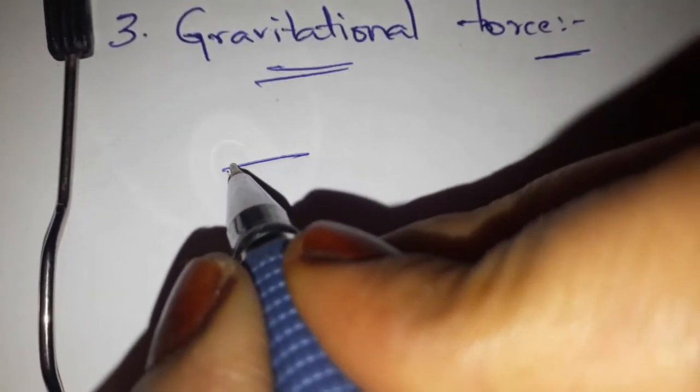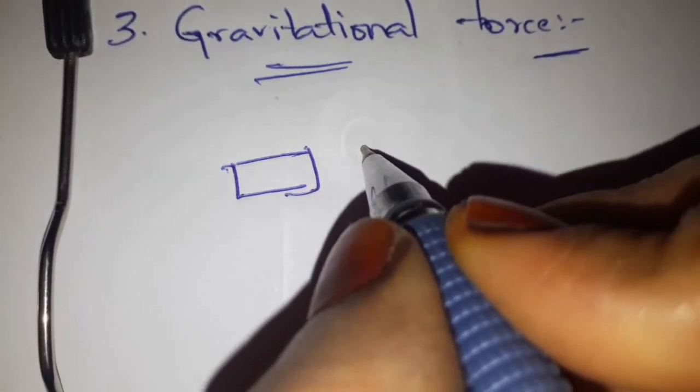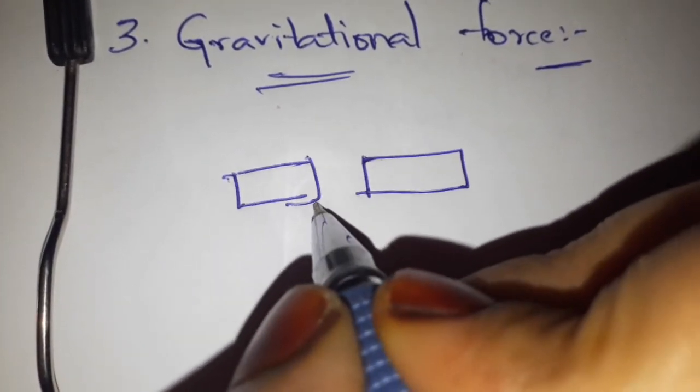When we are keeping two magnets, what will happen?